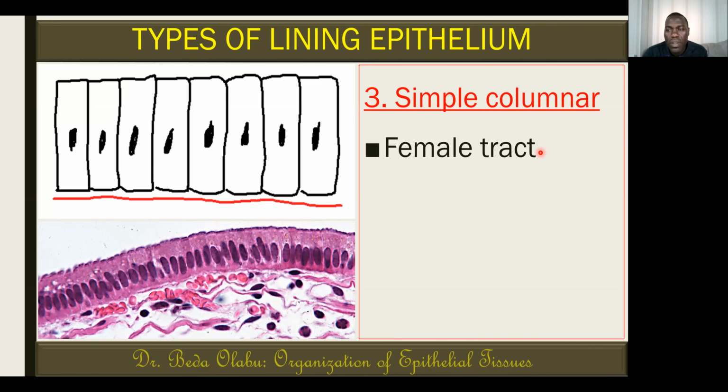And lastly, still within the female reproductive tract, we find it in the upper part of the cervix. The upper part of the cervix is known as endocervix. So those are three regions within the female reproductive tract where we find simple columnar epithelium: fallopian tube, endometrium, and endocervix.